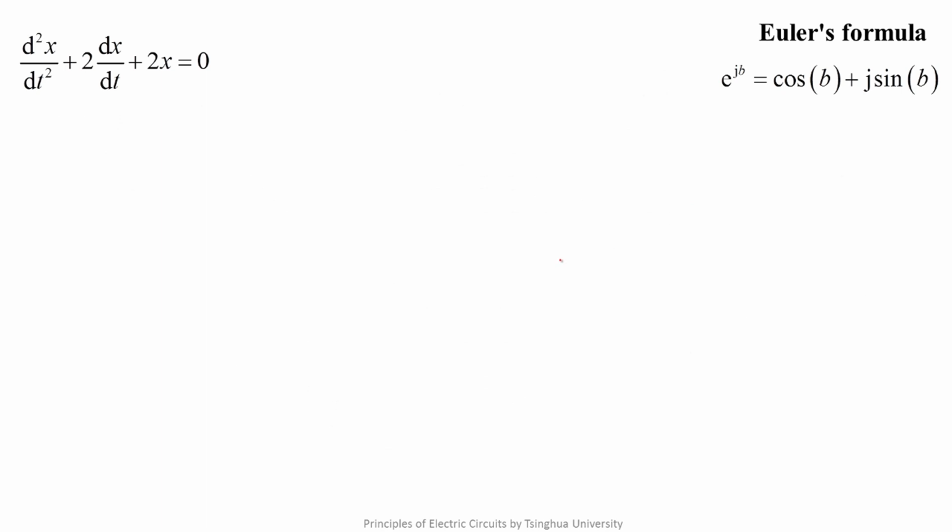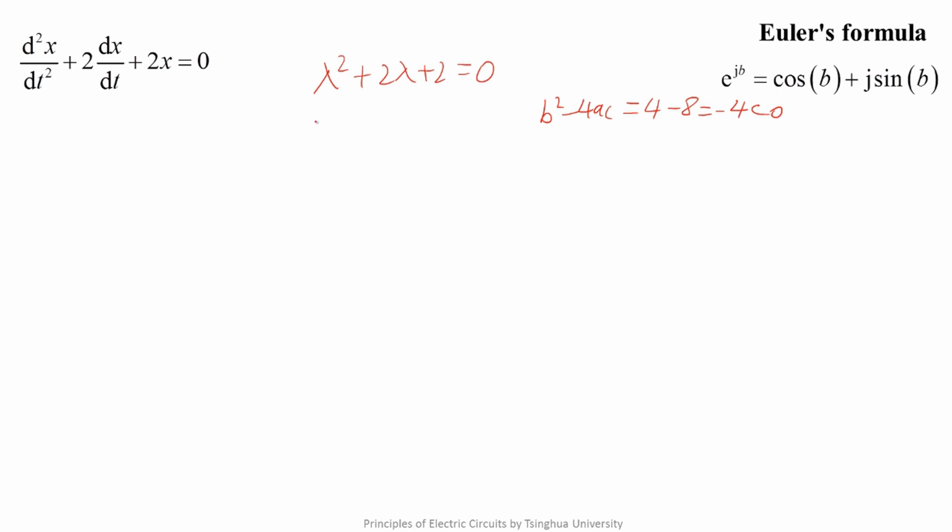Here we look at this situation. Its characteristic equation is lambda squared plus 2 lambda plus 2 equals 0. Because delta equals b squared minus 4ac equals 4 minus 8 equals minus 4, which is less than 0, it must have two conjugate complex roots.